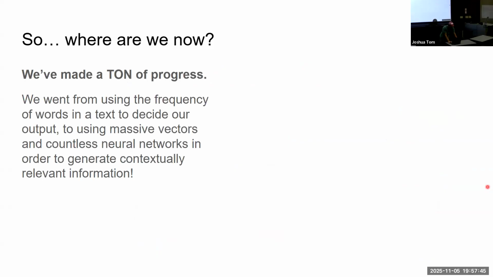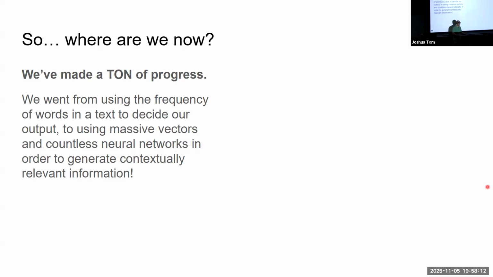So, where are we now? We've made a lot of progress, and I'm sorry that I've kind of rushed through a lot of content. Basically, we went from just using the distribution of words in the entire text, like Moby Dick or something, and seeing what word comes after the other.